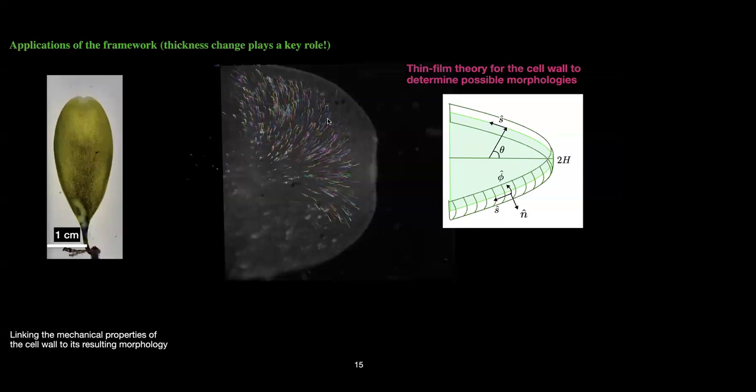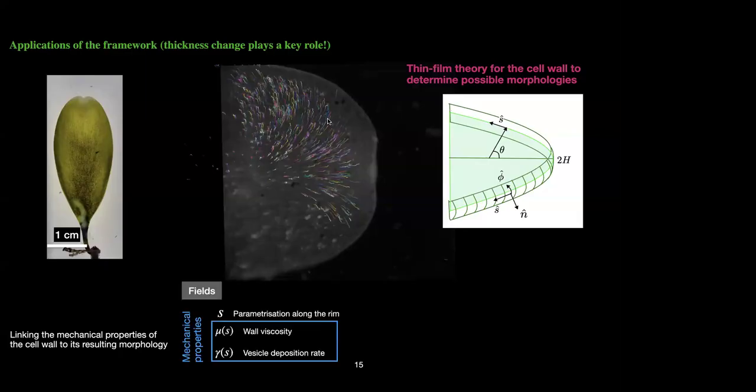In this theory, the thin layer that I'm considering is the cell wall, not the thickness of the leaf. The goal is to link the mechanical properties of the cell wall to the shape and morphology. To do that, we account for the fact that the viscosity of the cell wall changes as a function of the distance from the tip, and the deposition rate of the vesicles also changes as a function of the distance from the tip.